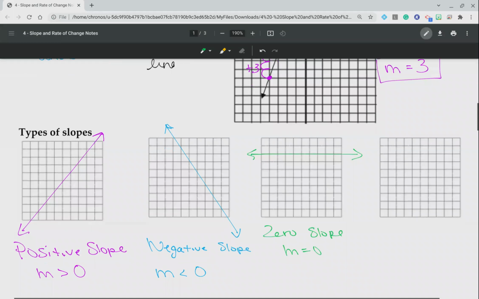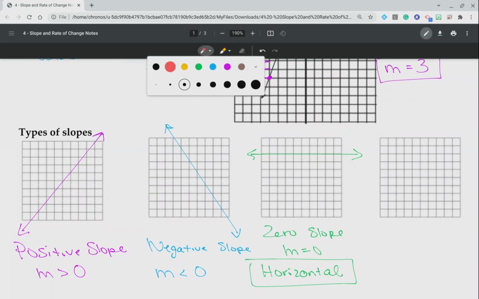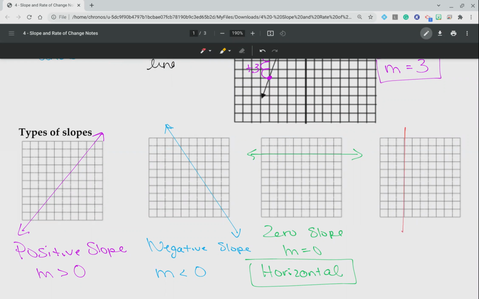Okay, like we said before, a 0 slope is always going to be a horizontal line. And then our last kind of slope is an undefined slope. So this would be an example of an undefined slope.